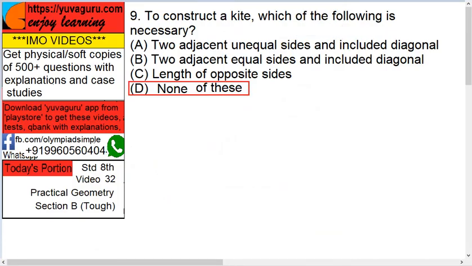Then there is a basic premise of quadrilateral which says that 5 conditions are required to draw a quadrilateral. Where are the 5 conditions then? Here only 3 are required. One side smaller, one side bigger, and one angle between either smaller sides or bigger sides, anyone. So these are the 3 conditions, and the remaining 2 conditions, basically 5 are required, that's for sure.